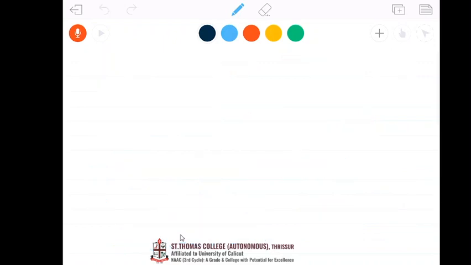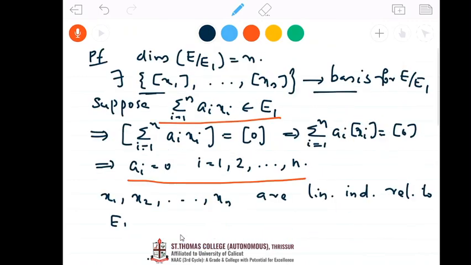Now we have to prove the converse. That is, if x1, x2, etc., xn are linearly independent relative to E1, and we can express each x, an element of E, as a linear combination of x1, x2, etc., xn and an element of E1 in a unique way, then class x1, class x2, etc., class xn form a basis for E over E1. That's what we have to prove next.